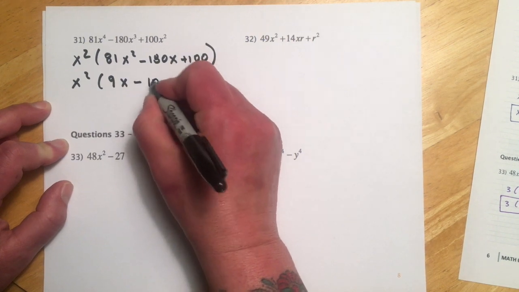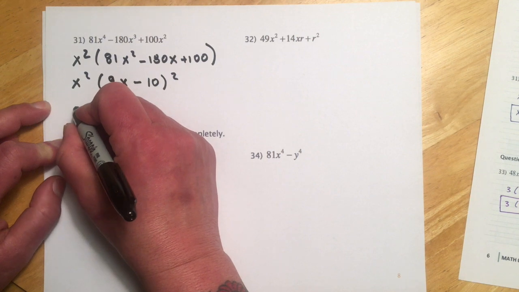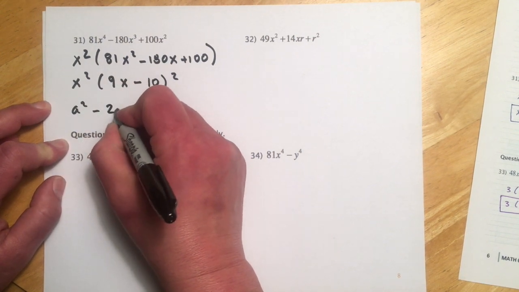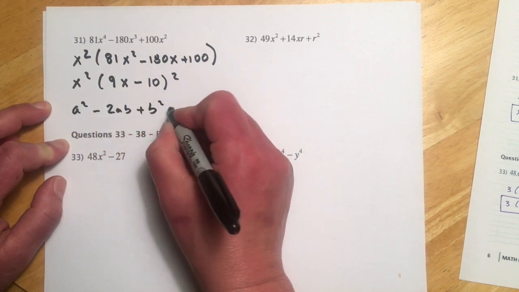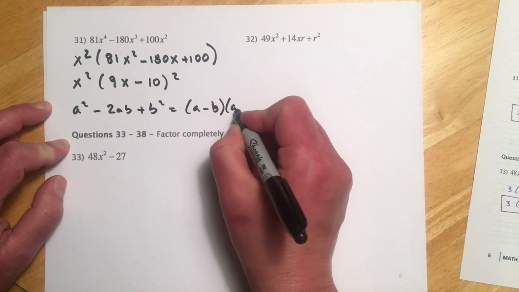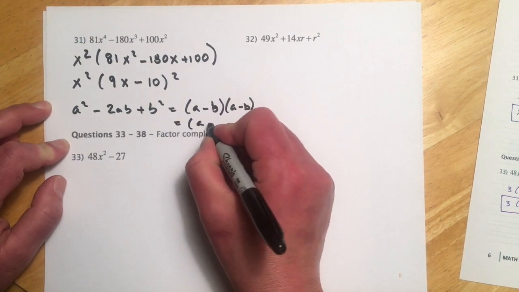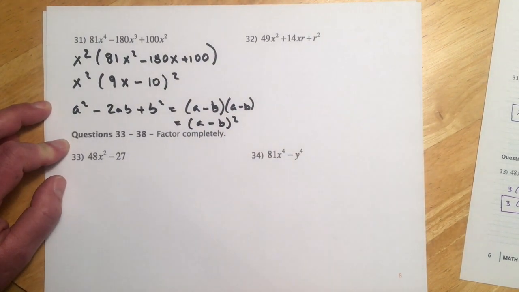So 9x minus 10 squared. And the formula for this one just goes a squared minus 2ab plus b squared is going to make a minus b, a minus b. So that's our double negative, or a minus b squared.